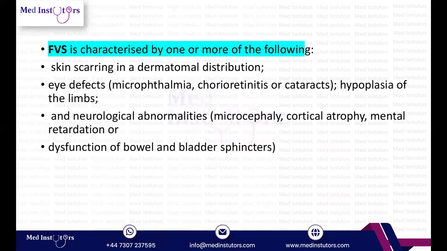In this, everything is small: small eyes, small head, cortical atrophy, small limbs. So the microphthalmia, chorioretinitis, cataract, hypoplasia of the limbs, that is a characteristic feature for that. Neurological abnormalities: small head, cortical atrophy, mental retardation, and even dysfunction of the bowel and the bladder sphincters.